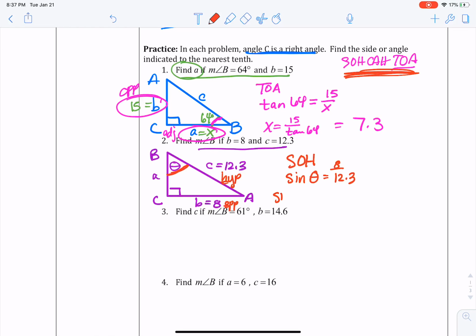So then we do arc sine of sine theta equals arc sine of 8 over 12.3, where these functions cancel, and I get that theta equals, when you enter this in the calculator, that second function sine, 8 divided by 12.3, close the parentheses, please remember to do that, and we get that theta is 40.6 degrees.